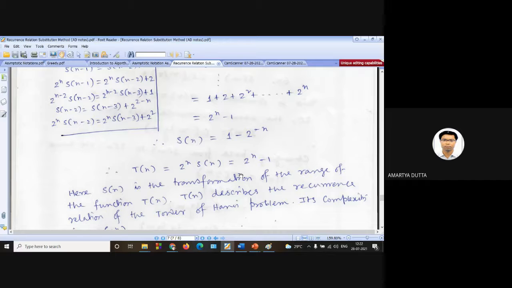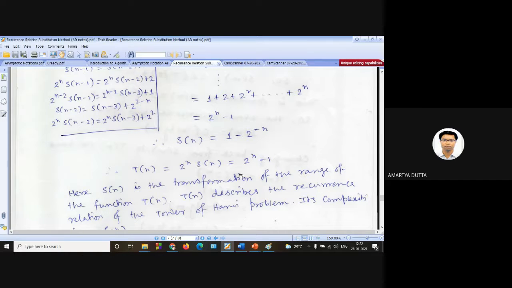So why is the complexity of your Tower of Hanoi exponential from this recurrence relation? Can you identify? What is the complexity of this recurrence relation?